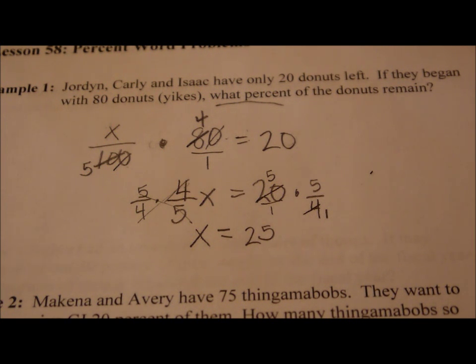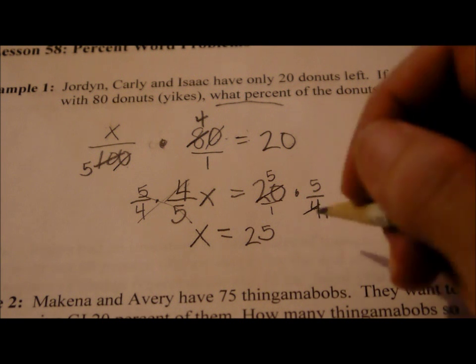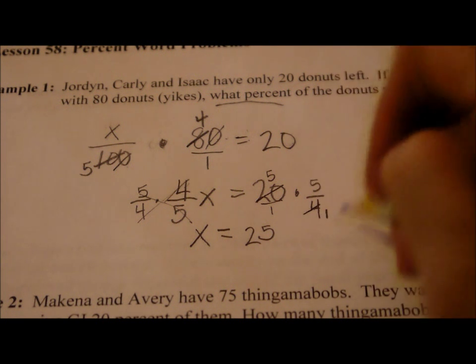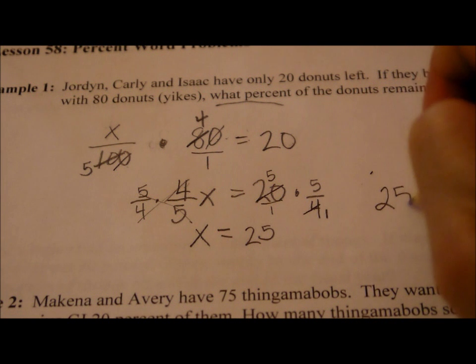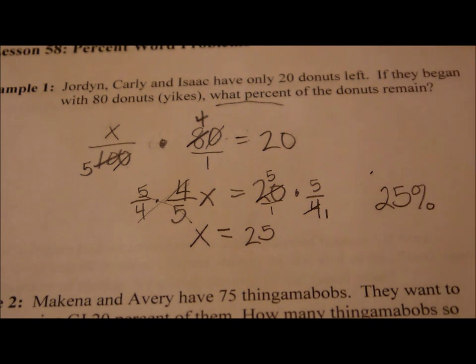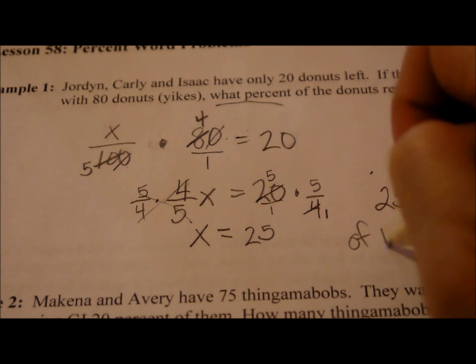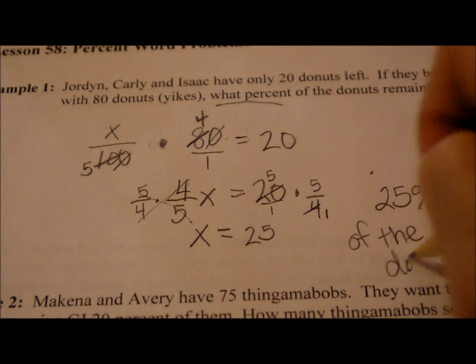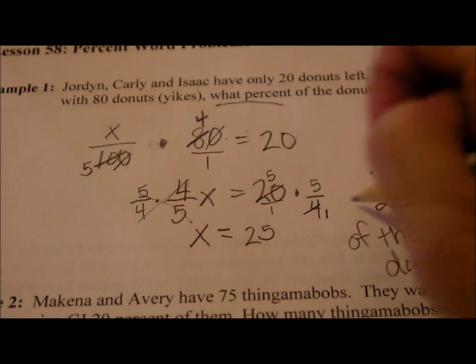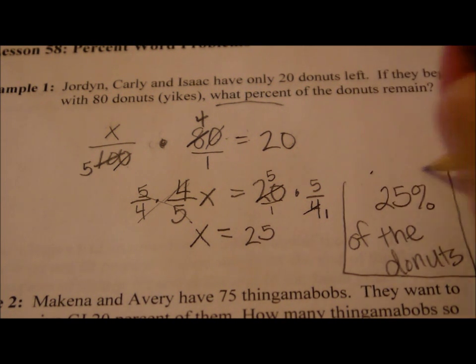So that one wasn't too terrible. It was kind of nice. So we're going to say 25% of the donuts. Okay, and there's your final answer. I should see this on your notes when I see your paper.